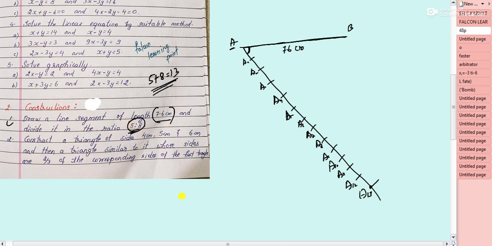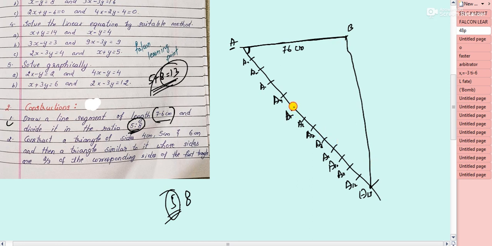Now they have given 5:8, so you have to start from the 5th point. But first the total one, 13th: from the 13th join this B point, the end point, like this. Using scale you can join. Now you have to come to the 5th point.